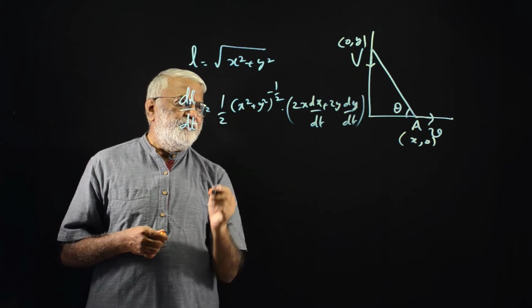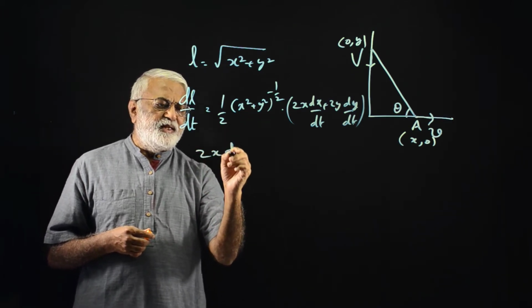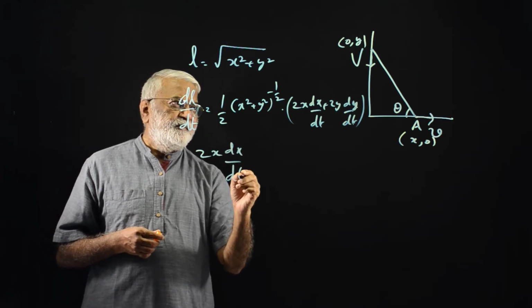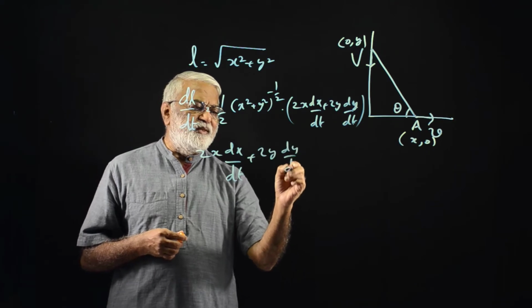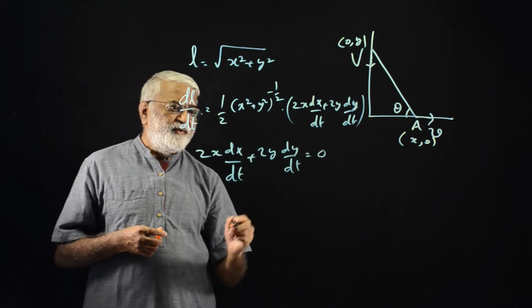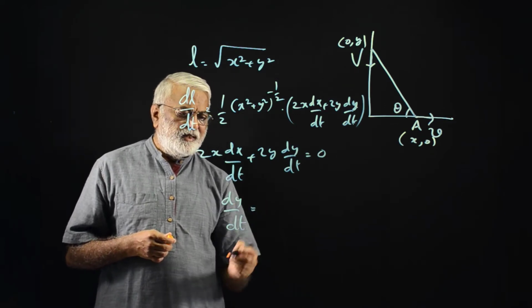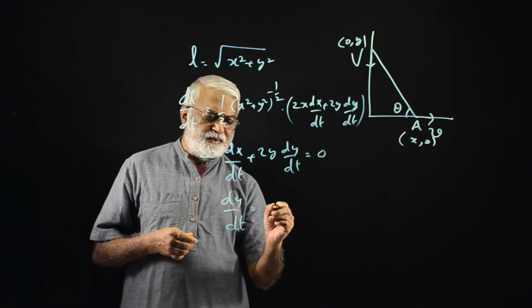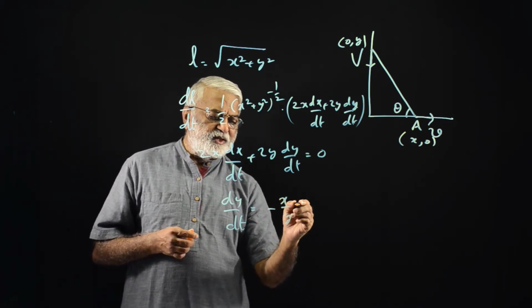So this will be 0. So you would get 2x dx by dt plus 2y dy by dt equals 0. And you want dy by dt. dy by dt is equal to minus x by y dx by dt.